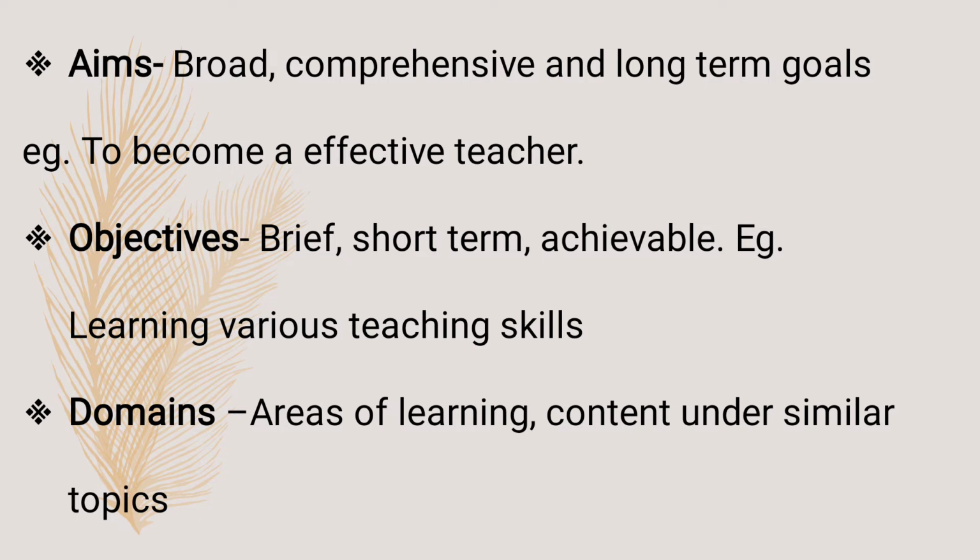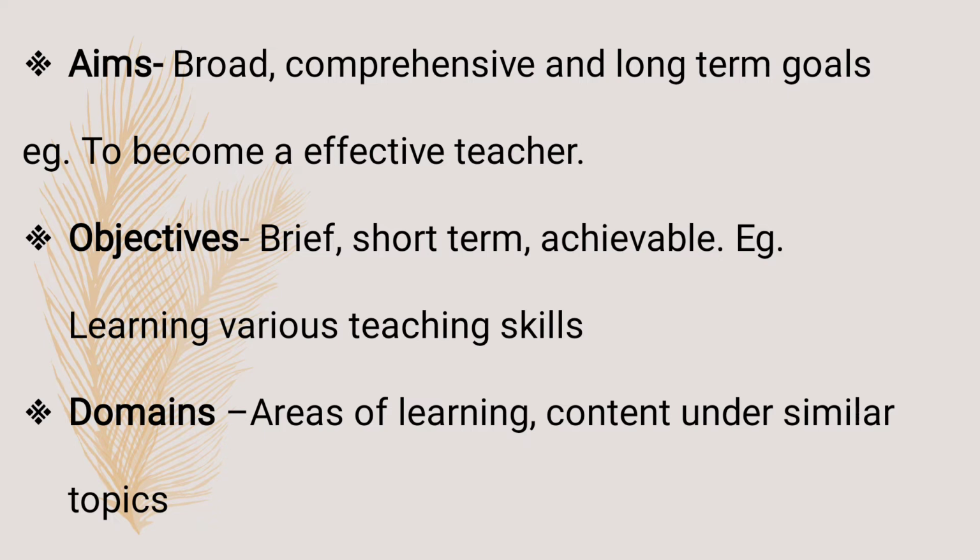That is a major area, is it not? That area of learning is called a domain. It is nothing but the content grouped under a similar heading or topic. So we have understood what are aims, objectives and domains.